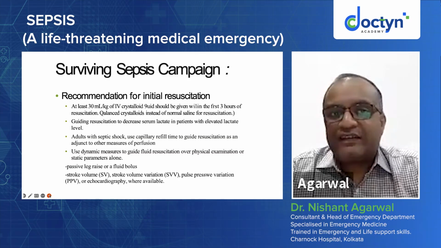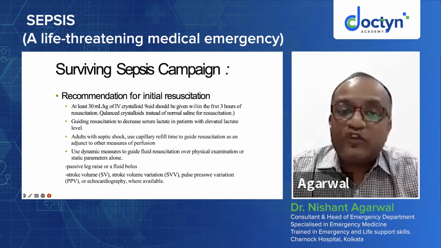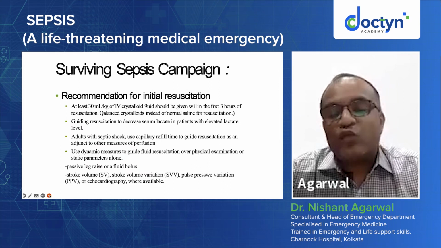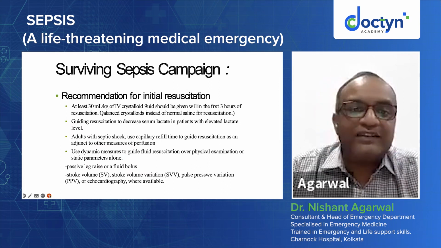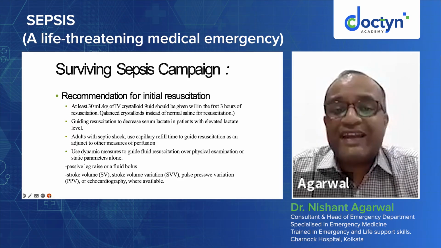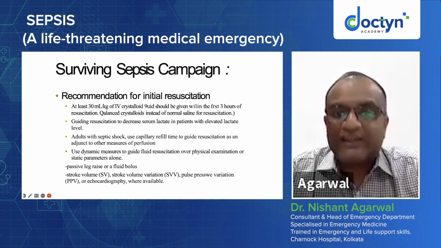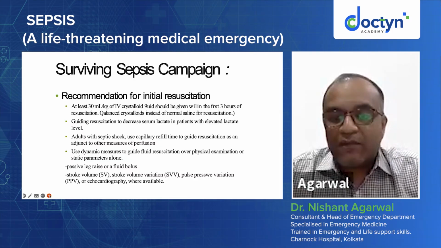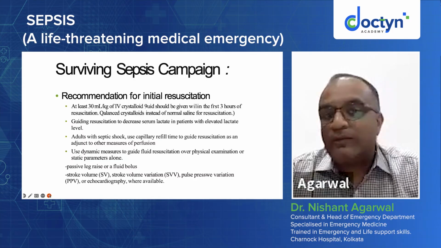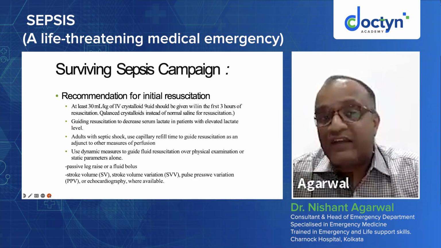If we use NS, normal saline, in higher amounts, say 1 to 2 liters, 30 ml per kg, if I say it is a 60 kg individual, 1.8 liters of saline that we have to give. If you check the composition of normal saline, the amount of sodium and chloride is very high.